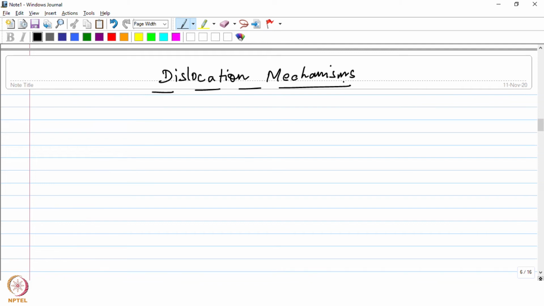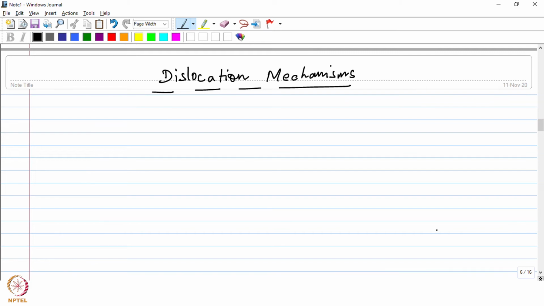Okay, but that hindrance to the dislocation motion will be generated by different ways depending on what kind of mechanism is actually operating. Okay, so in case of MMCs, there will be a particular mechanism through which that can happen, and that is what we are going to talk about right now.